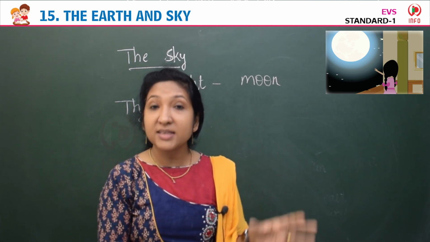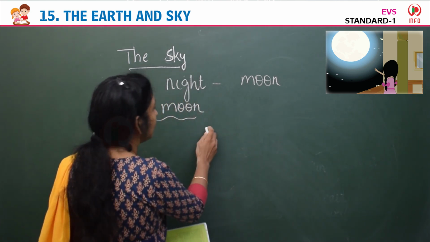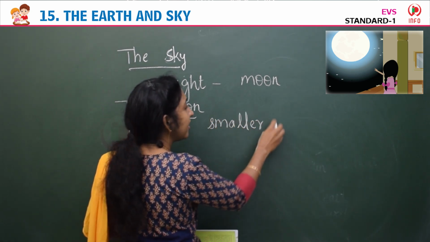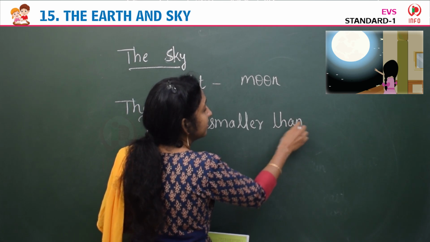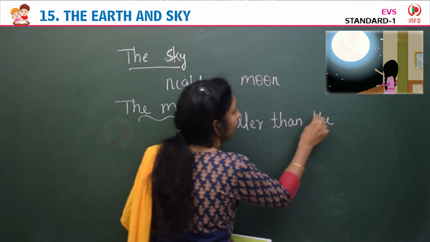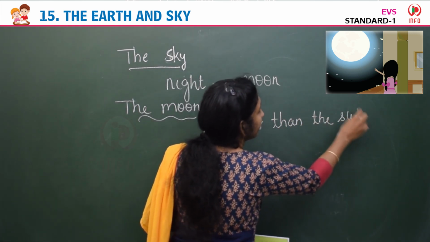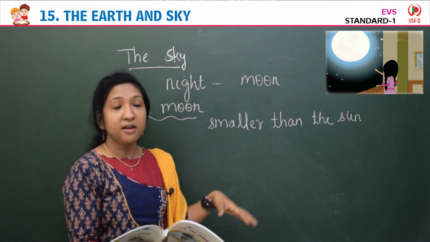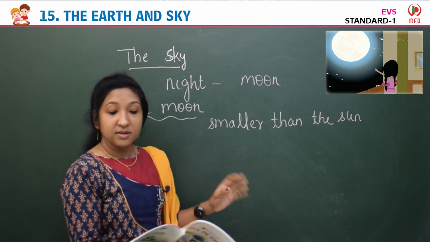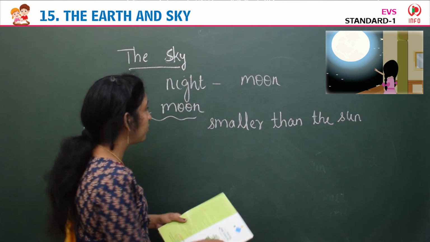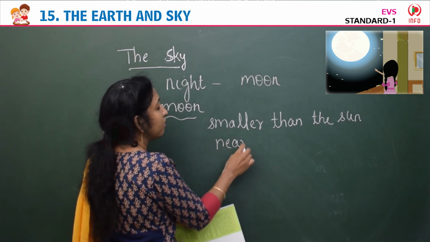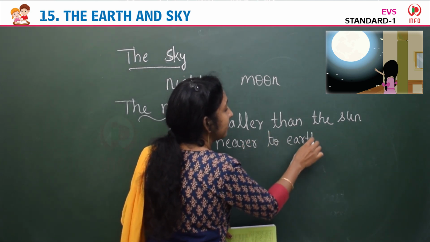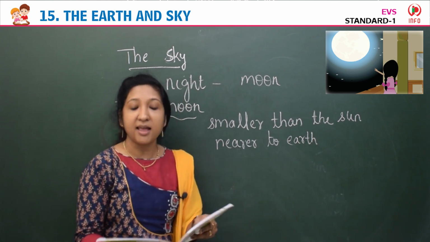But the moon is smaller than the sun. So the moon is nearer to earth than the sun, and it is smaller than the sun.